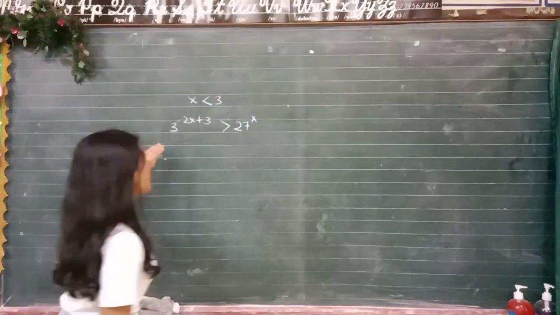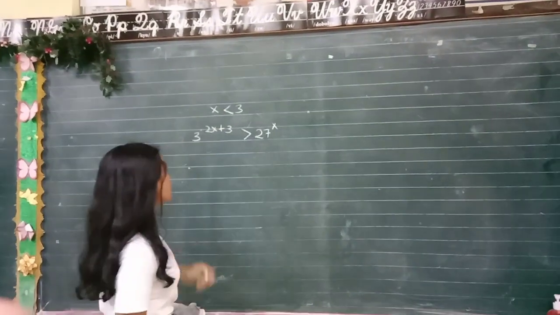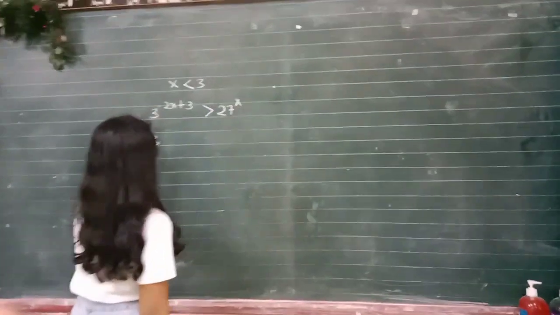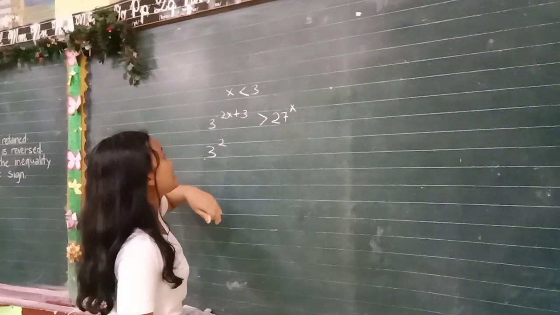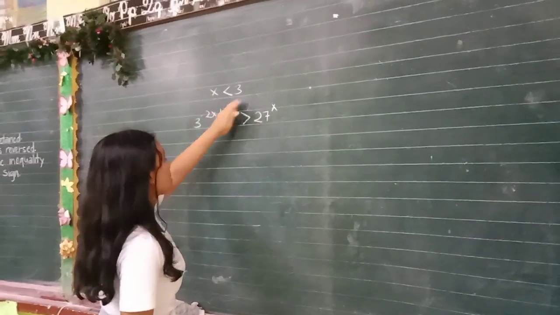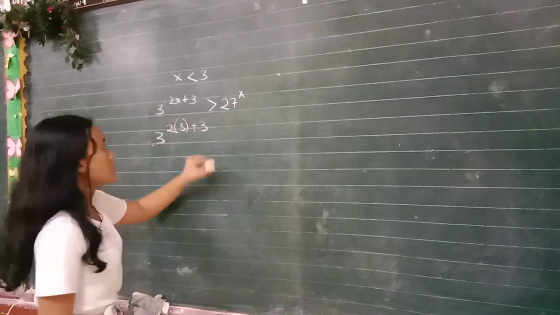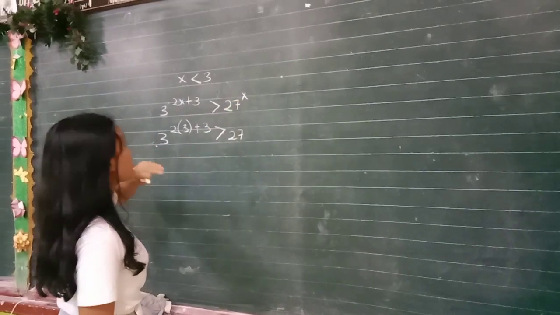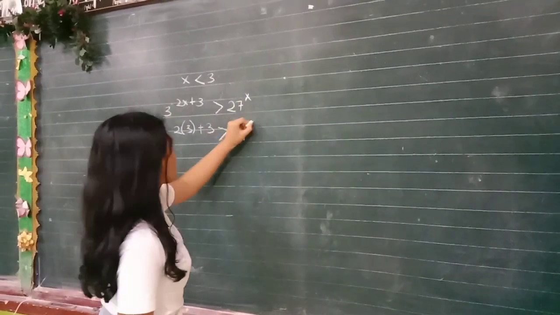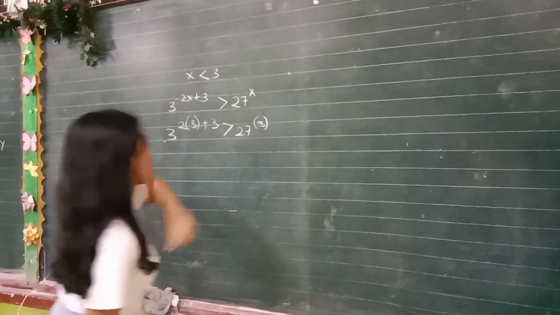Now, let's perform the checking to see if our answer is correct. 3 raised to the power of 2x plus 3 is greater than 27x. For x, we use a value less than positive 3. So, 2 times 3 plus 3 is greater than 27 raised to the power of 3.